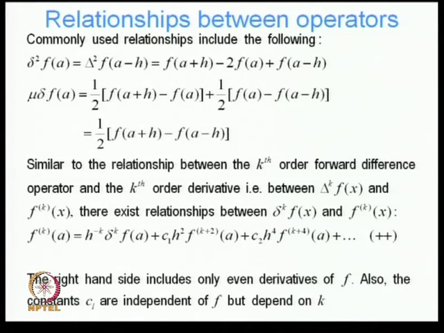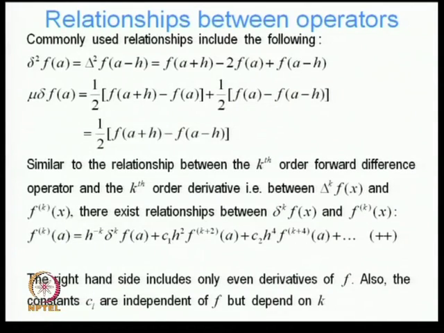Some common relationships between higher order difference operators: if you apply the central difference operator 2 times on the function evaluated at a, that is actually equal to delta square f of a minus h.